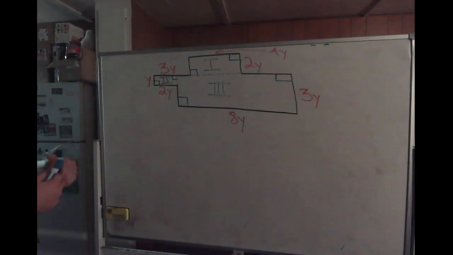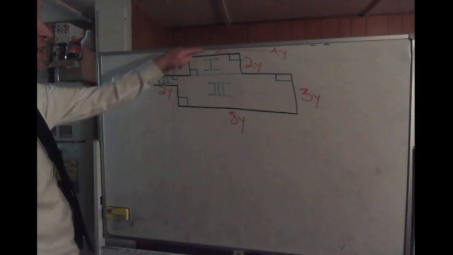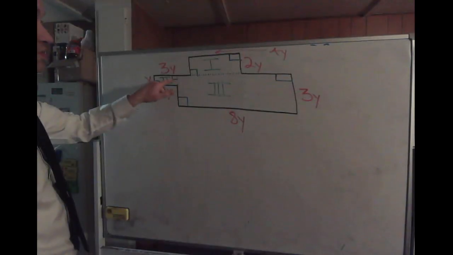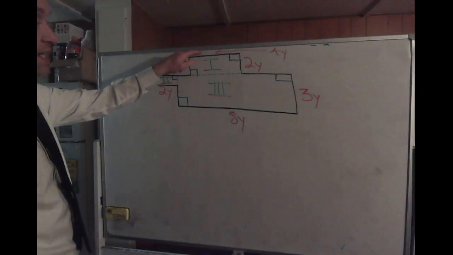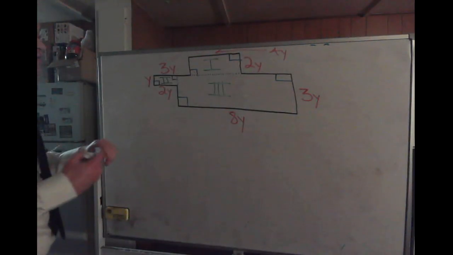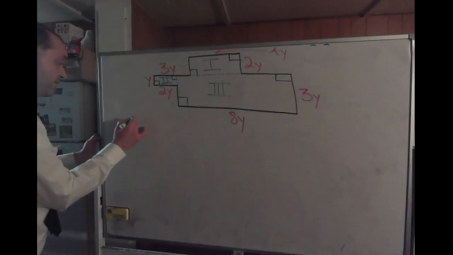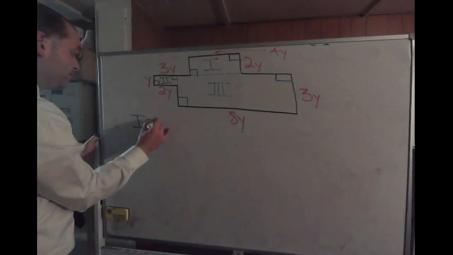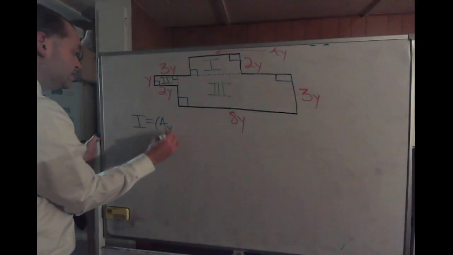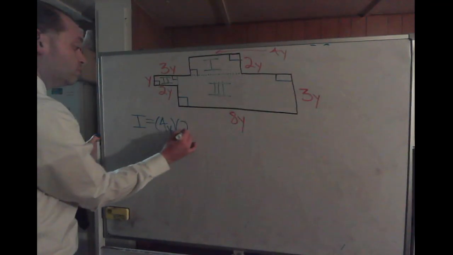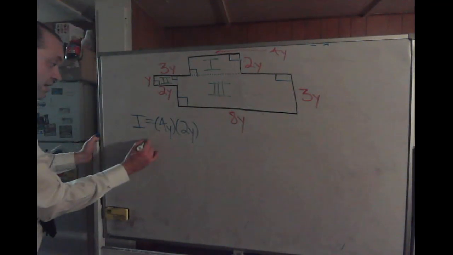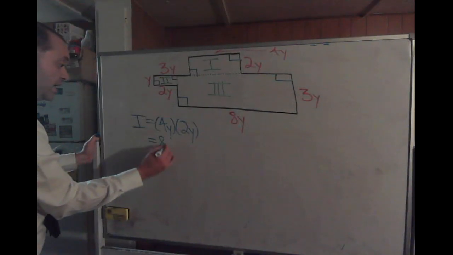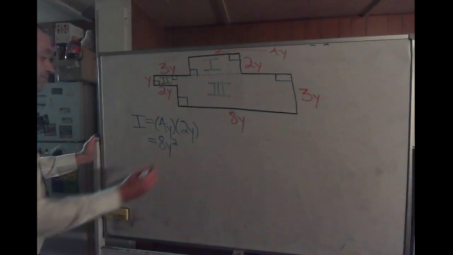So let's start with region 1. If these are all rectangles, that means the length of your base is 4y, the length of your height is 2y. So to find the area of region 1, you'll take the length of your base of 4y times the length of your height of 2y, which will be nothing more than 8y to the second power.